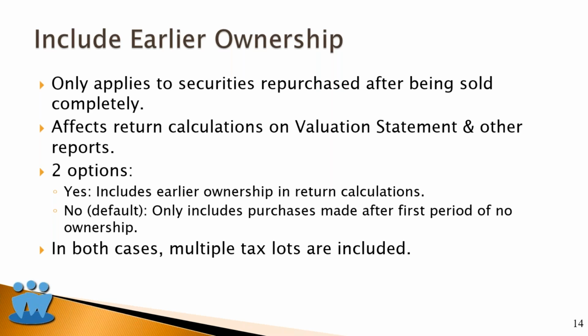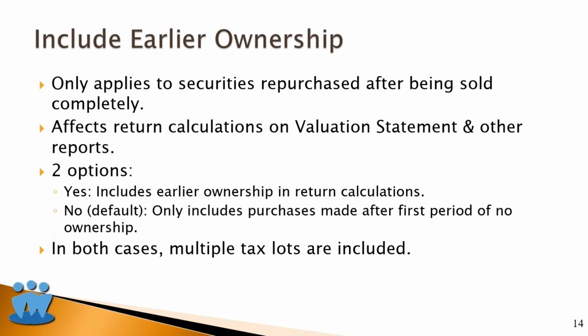Maybe they sold at a gain, then they repurchased when the market took a dive, and now they want to know why the returns seem to be a little diminished from what they expect, when they know that the stock that they bought in the beginning of March is now up 30% for the year, and their compound annual return is showing something that just doesn't make sense to them.